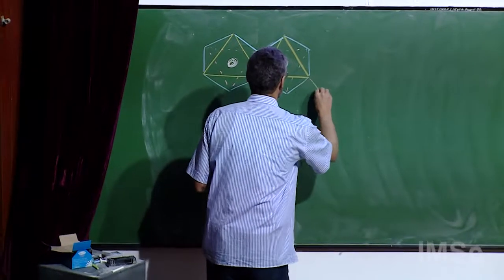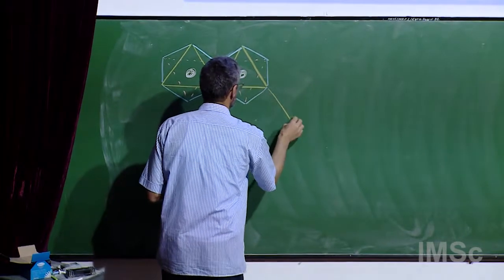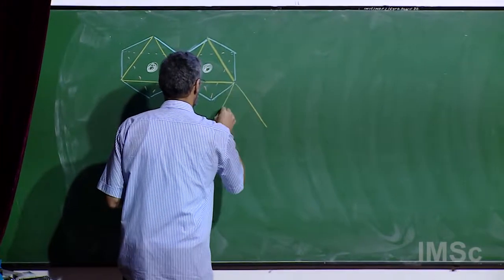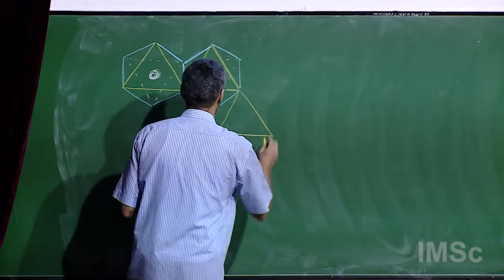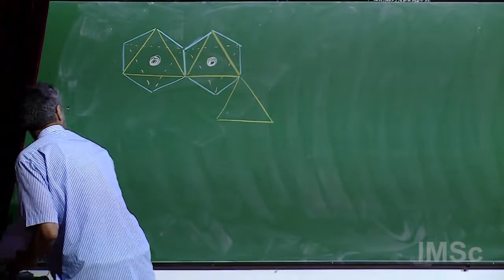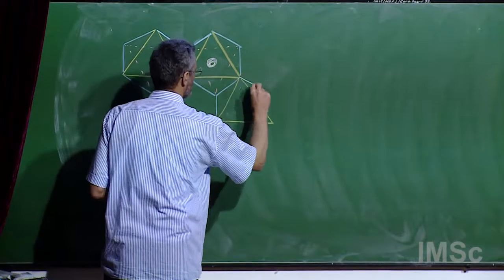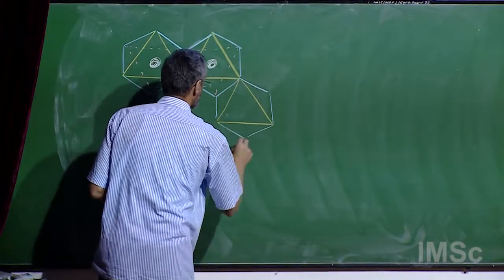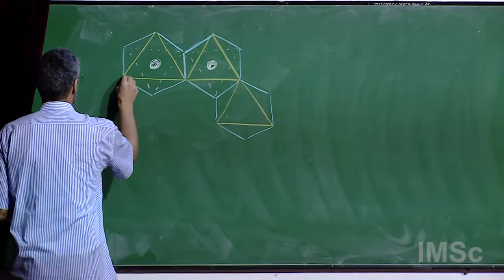So in fact, I would need to continue here, and this is important because this tells us the whole structure, tells us what is the symmetry, the point group and space group. So like this, then let's continue here.